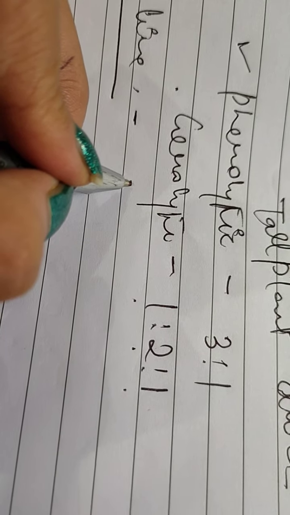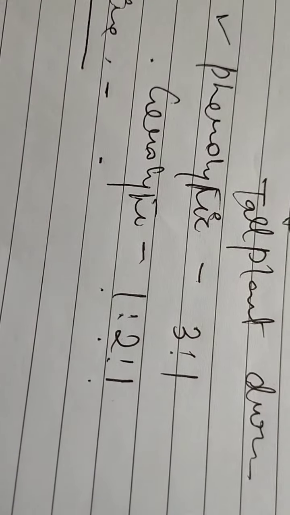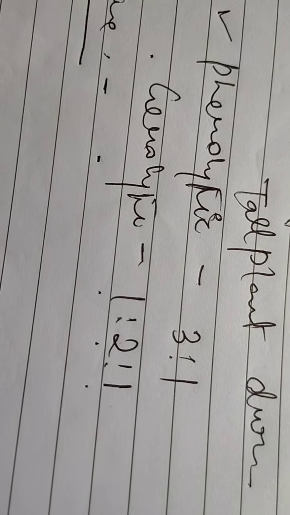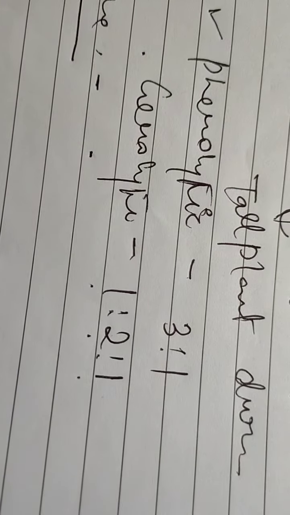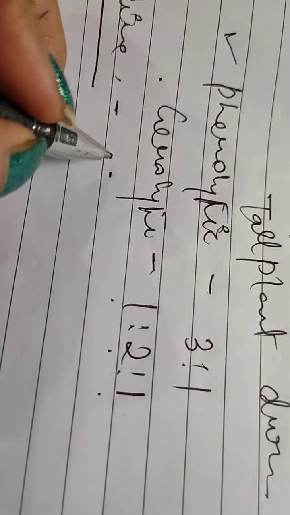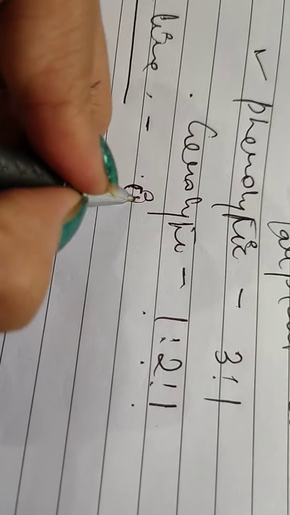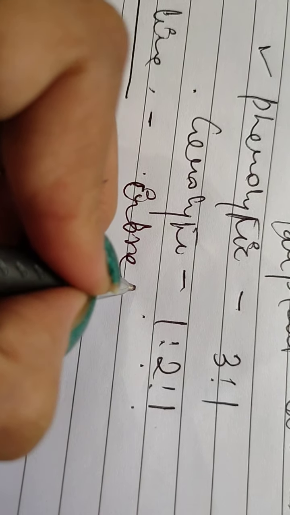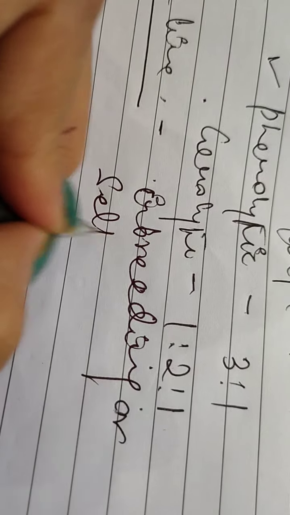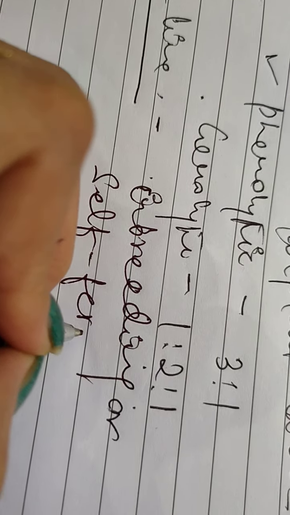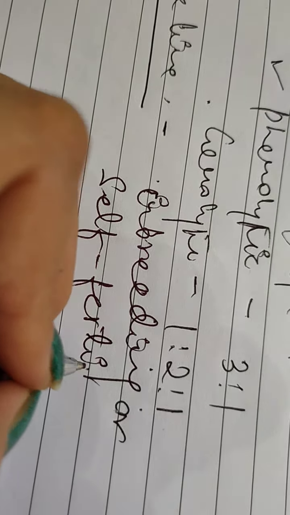It is a breed or a strain of animals or plants in which certain characters appear in successive generations as a result of inbreeding or self fertilization. I think we have seen this concept in chapter 2 also.